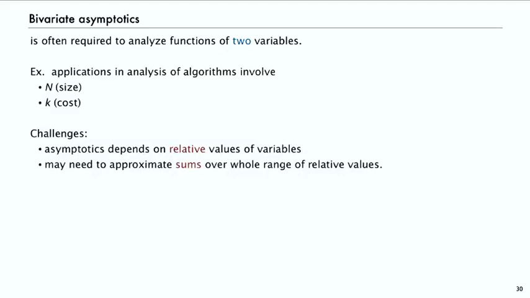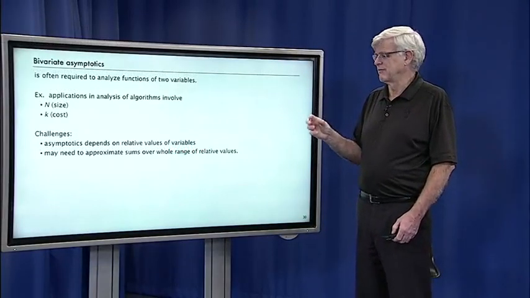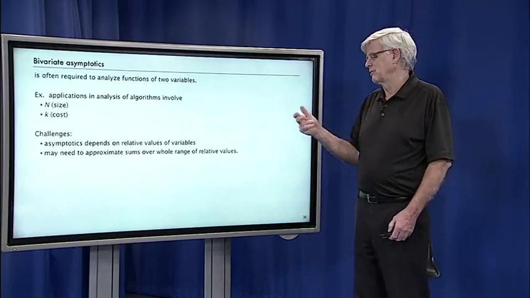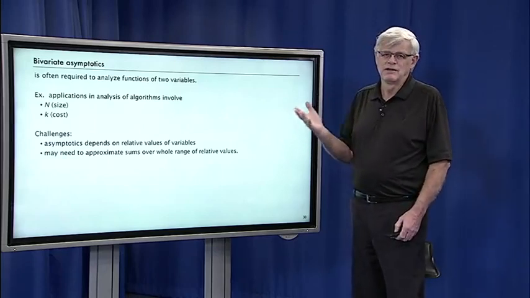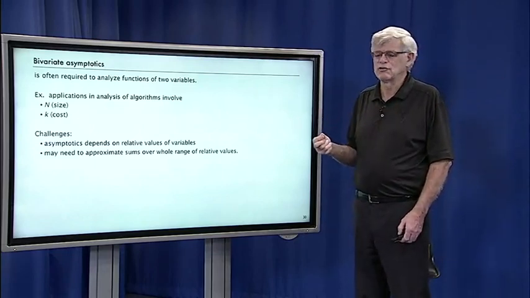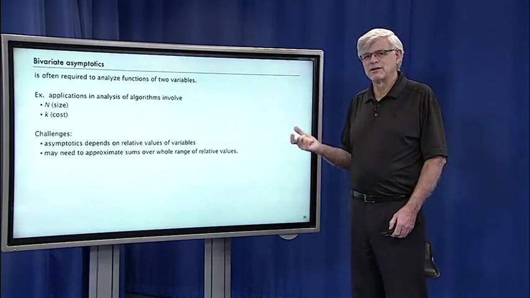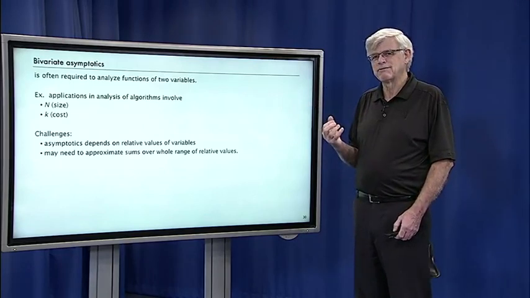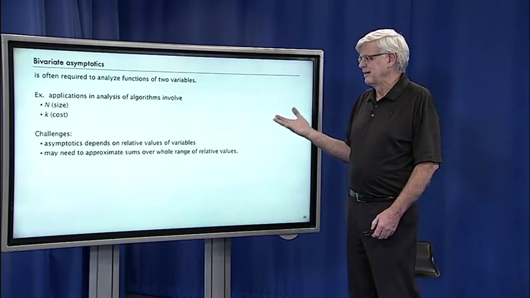The problem is, as I indicated when talking about doing sums, that the relative values of the variables might matter. And that makes it even more challenging to deal with sums over the whole range of relative values. And you'll see what this means when I get to some applications. Fortunately, as was the case with the harmonic numbers and Stirling numbers, there's a couple of fundamental functions that arise over and over again that take most of the work.